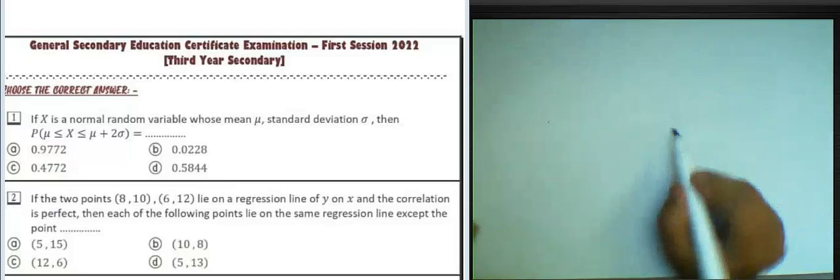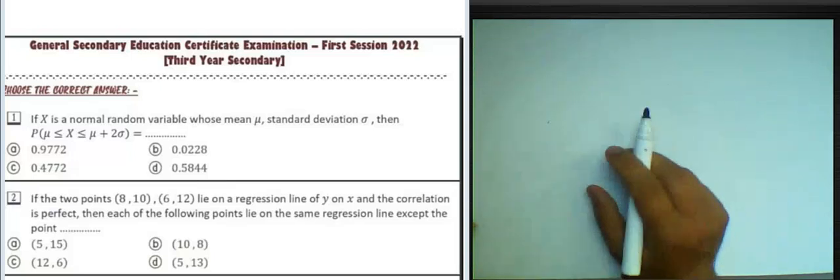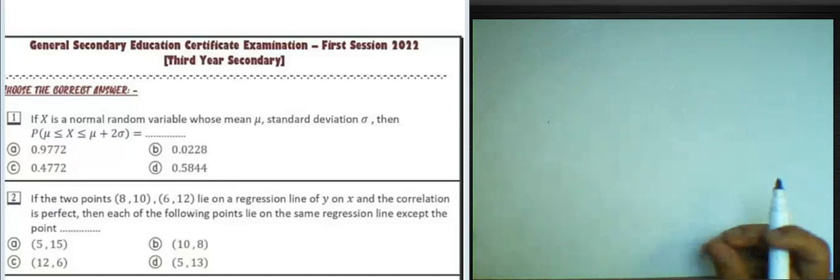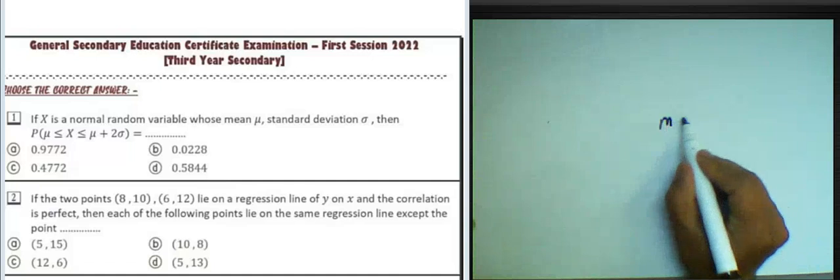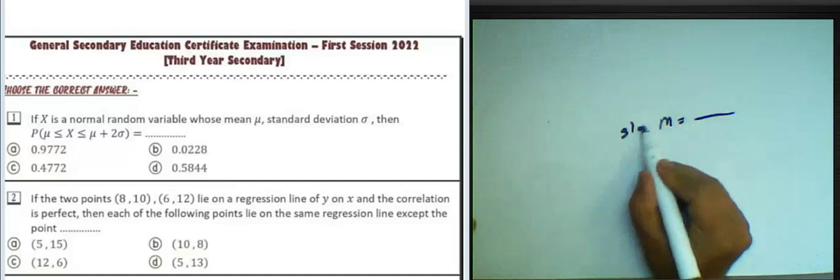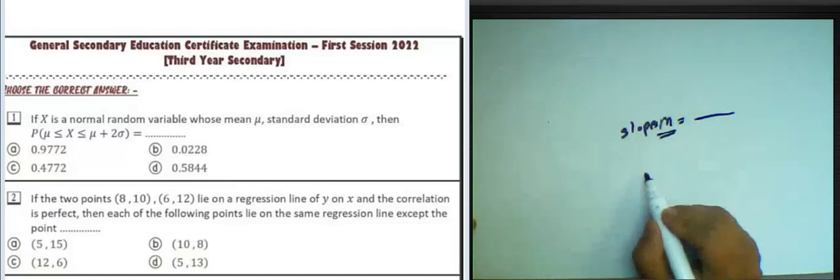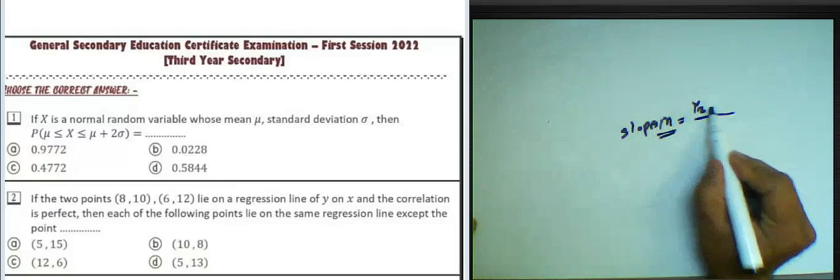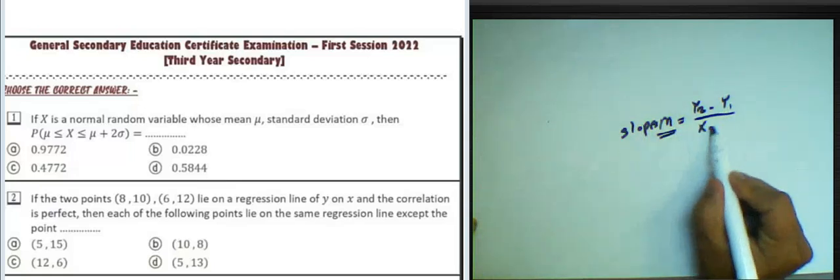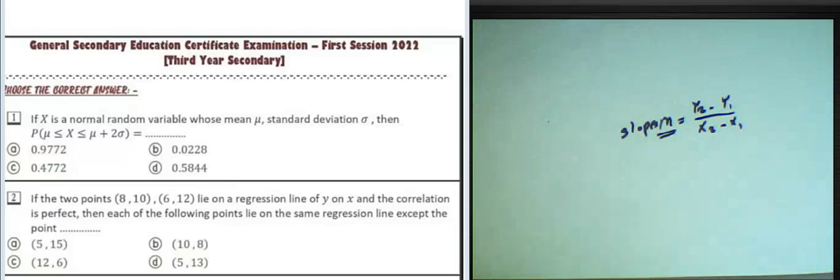Okay, you can find this result in small steps by using the rule for the slope m equals y2 minus y1 over x2 minus x1. He tells me all the points lie on the same regression line except what?